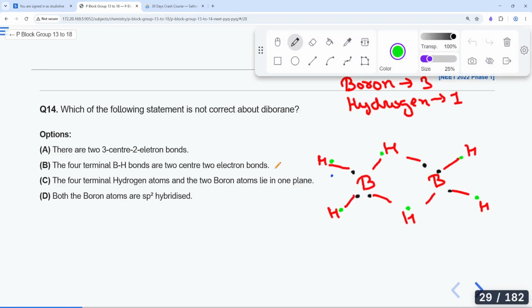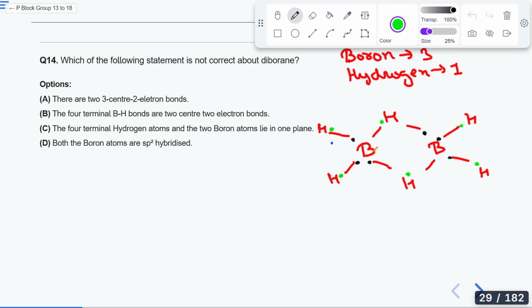Okay, clear? Now, if I say about this last one, the terminal hydrogen, in one bond there are 2 electrons.